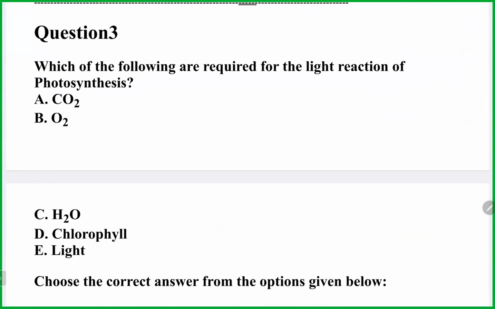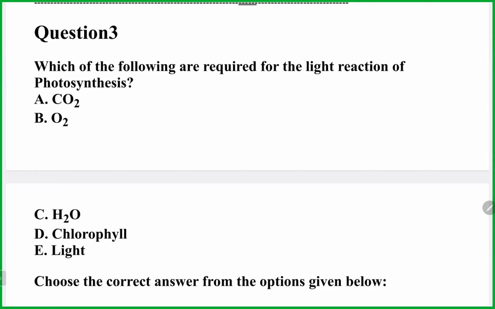Okay, Jordan. So, Rishikesh, which of the following is required for the light reaction of photosynthesis? Do we need CO2 for light reaction? For light reaction, we don't need CO2, we don't use it. So A cannot be there. Is oxygen required for the light reaction? No, oxygen is produced, not required. Is H2O required for the light reaction?